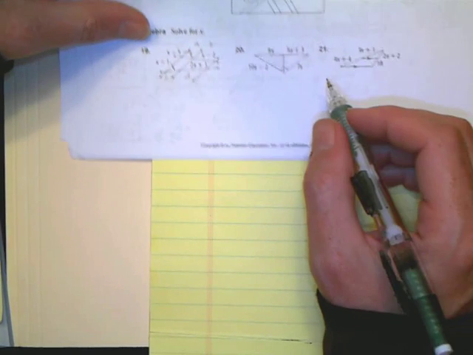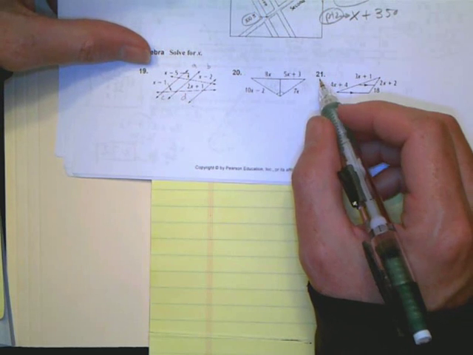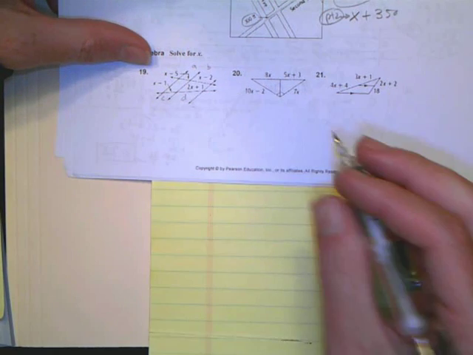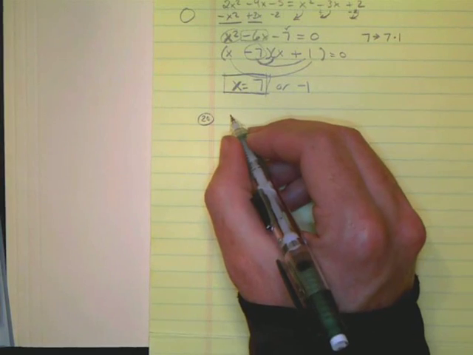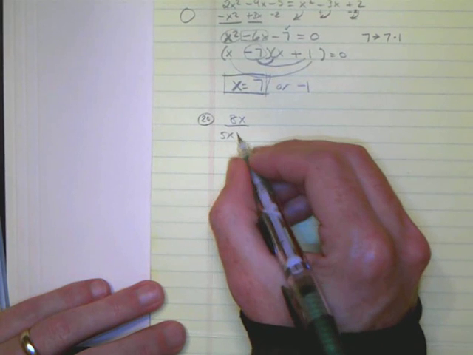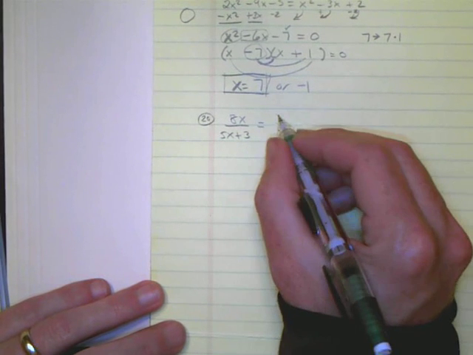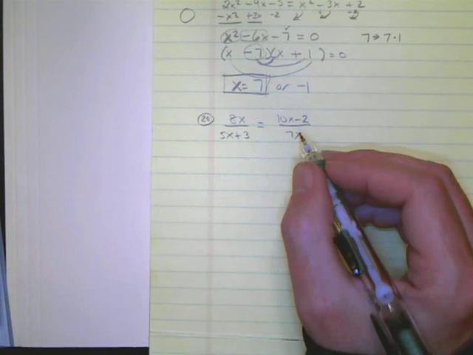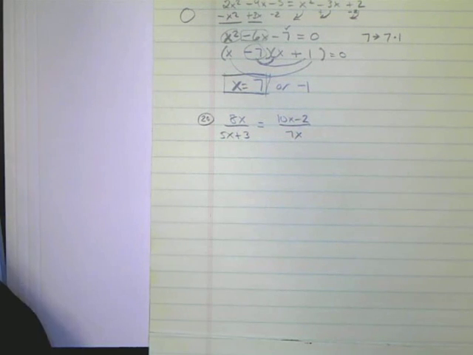So we're going to set up using the angle bisector theorem to create a proportion once again. So to set this proportion up, I went ahead and made mine 8x over 5x plus 3 equals 10x minus 2 over 7x. So I got that by looking at here.